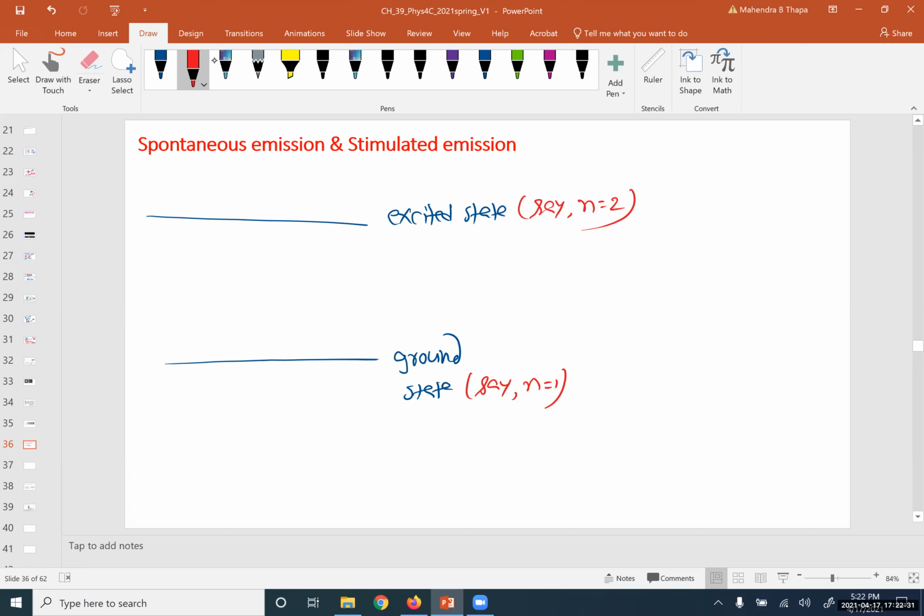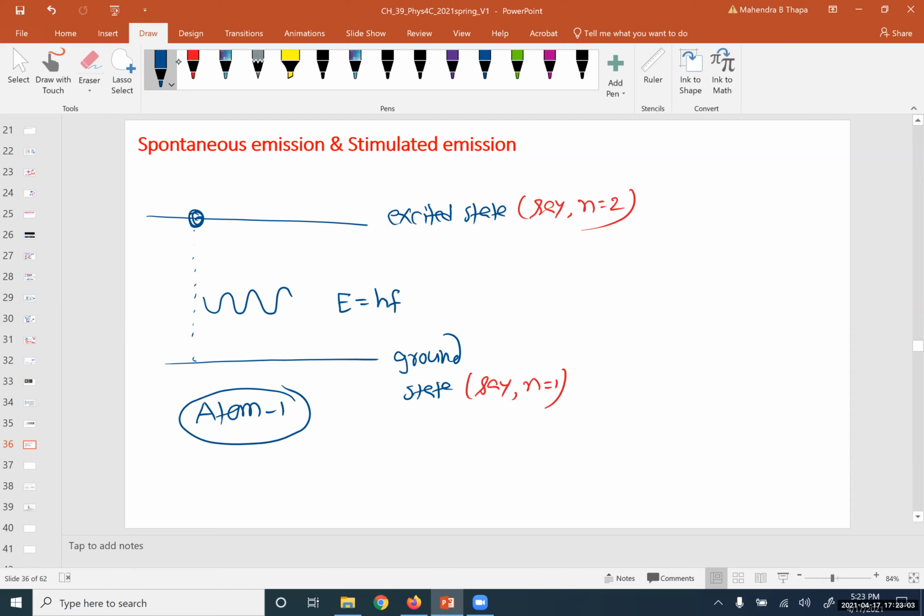If electrons are in the higher orbit, they could jump to the ground state, giving off a photon. The energy of the photon is E equals hf. This is for the first atom of an element.